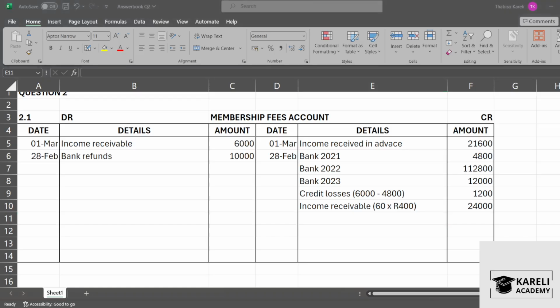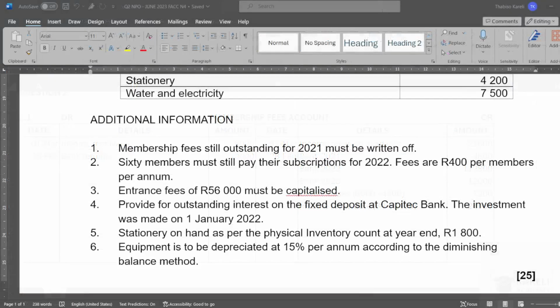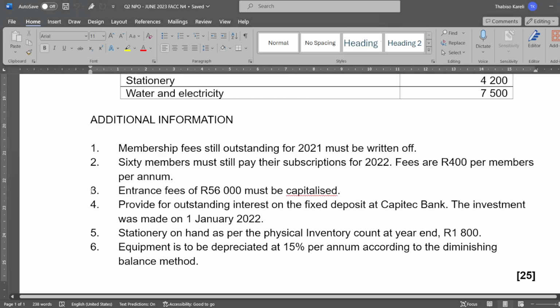Now back to our question paper. And then the entrance fees must be capitalized. Let us mark number 3. We will come back to it because it affects the income and expenditure. Let me just highlight it with this yellow color.